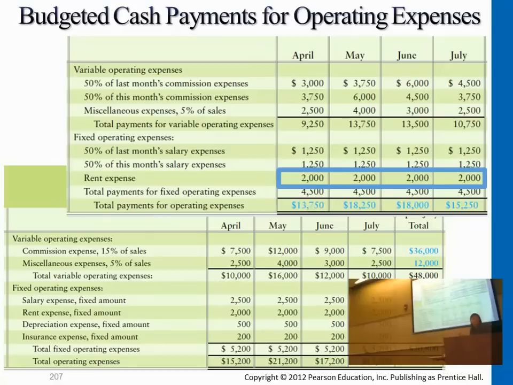And then are you aware that some of the categories are not copied over to cash outflow? Which ones? Depreciation is not copied. Insurance expense is not copied to cash outflow. Why?